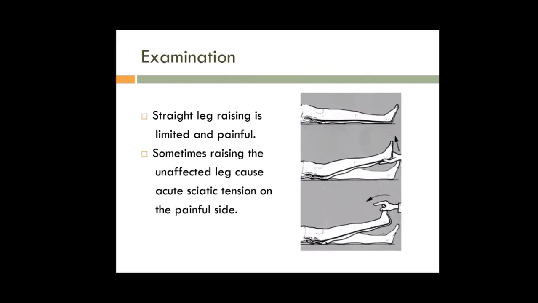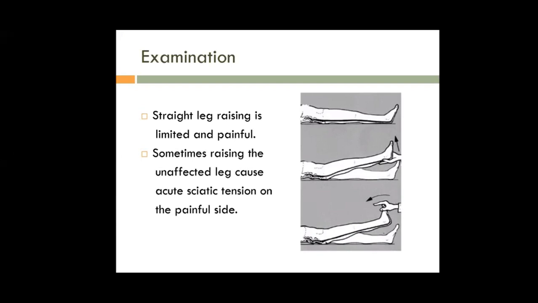The examination, we start simply with the well-known test, which is called the straight leg raising test in lumbar disc herniation. The raising of the leg normally has to be up to 70 degrees. Pain that starts with less than 70 degrees, the pain must be in the gluteal region or in the back. Pain in the calf region is most likely related to poor muscle fitness.